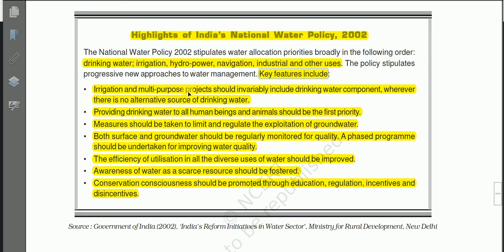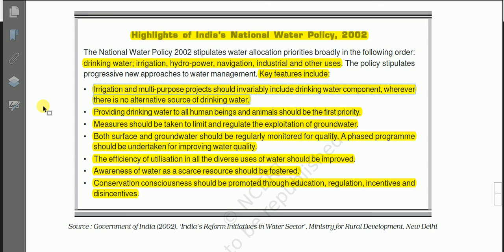Number one, irrigation and multipurpose projects should invariably include a drinking water component wherever there is no alternative source of drinking water. When we construct any irrigation project or multipurpose project, it should include a drinking water component.